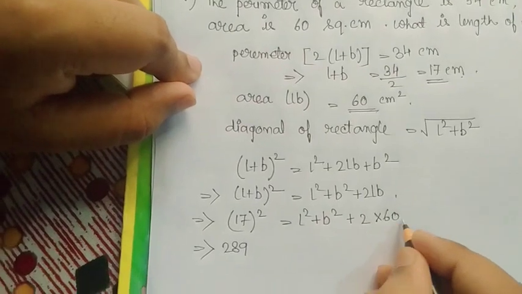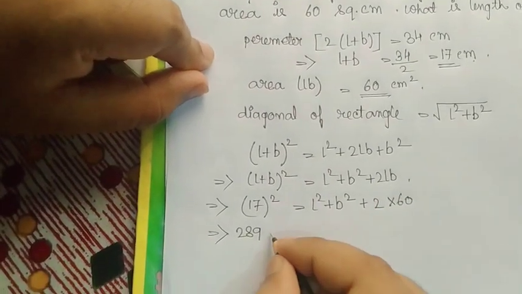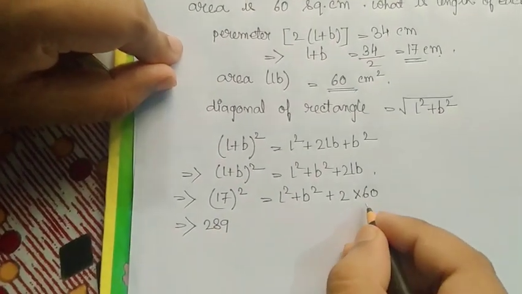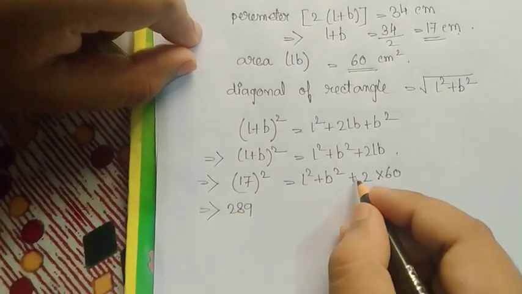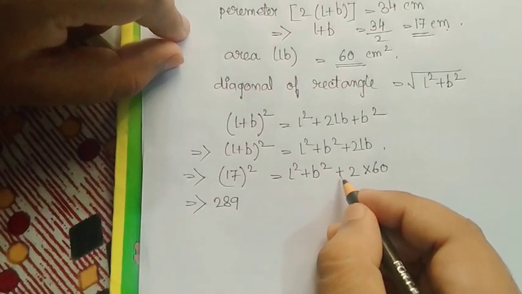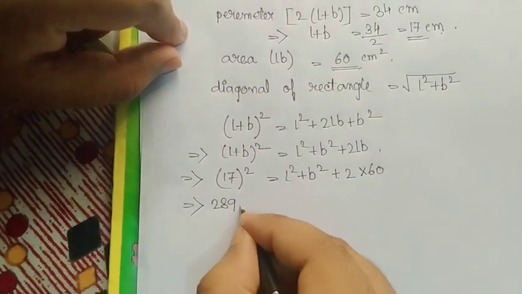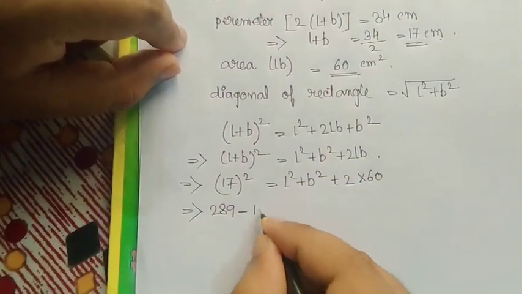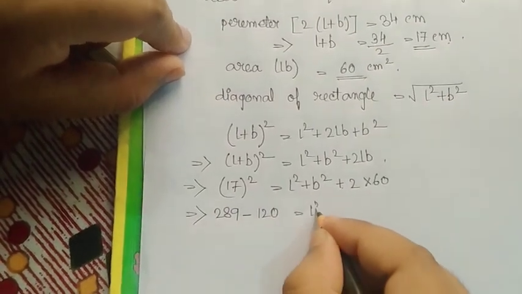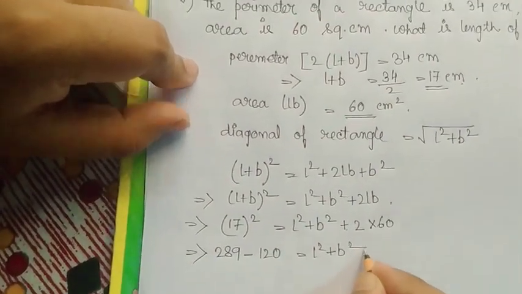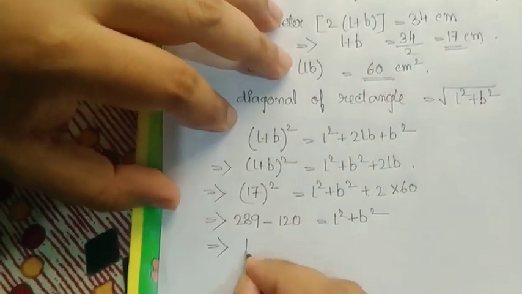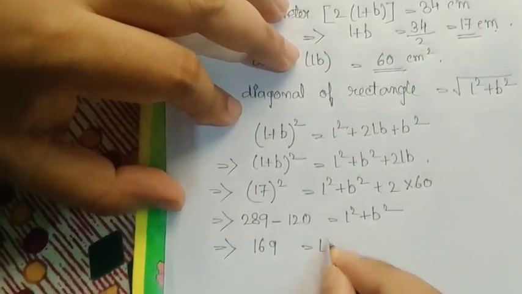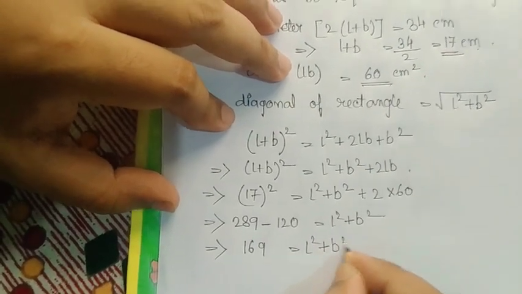And if we bring this to the left hand side, the sign should be changed from plus to minus. Minus 60 into 2, 120, equal to L square plus B square. So 289 minus 120, it means 169 equal to L square plus B square.